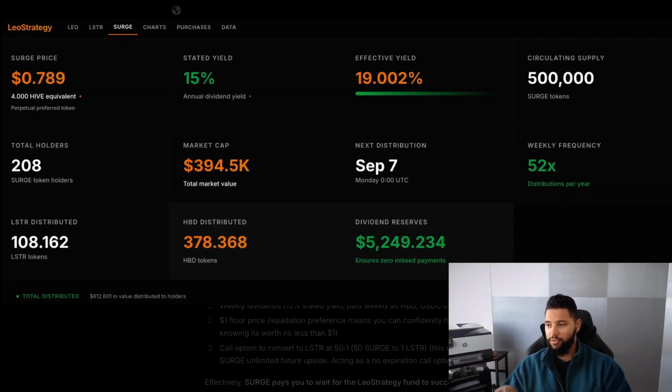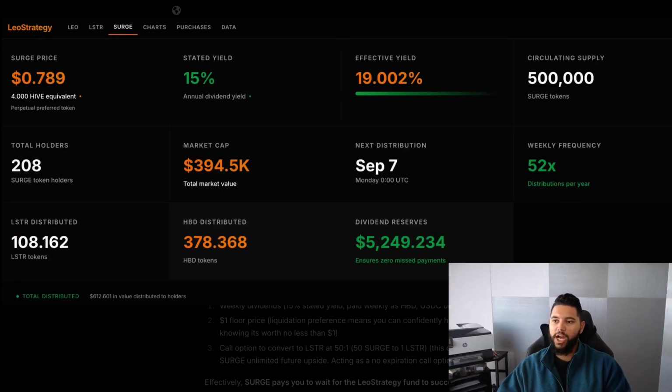To get the effective yield, you take the 15 cents per Surge share and divide it by the current price. So if you buy one Surge at 79 cents and you're getting paid 15 cents per Surge, the effective yield on that is actually 19% because you're earning the same 15 cents per share, but you're buying it at cheaper than $1. So that's how you get effective yield.